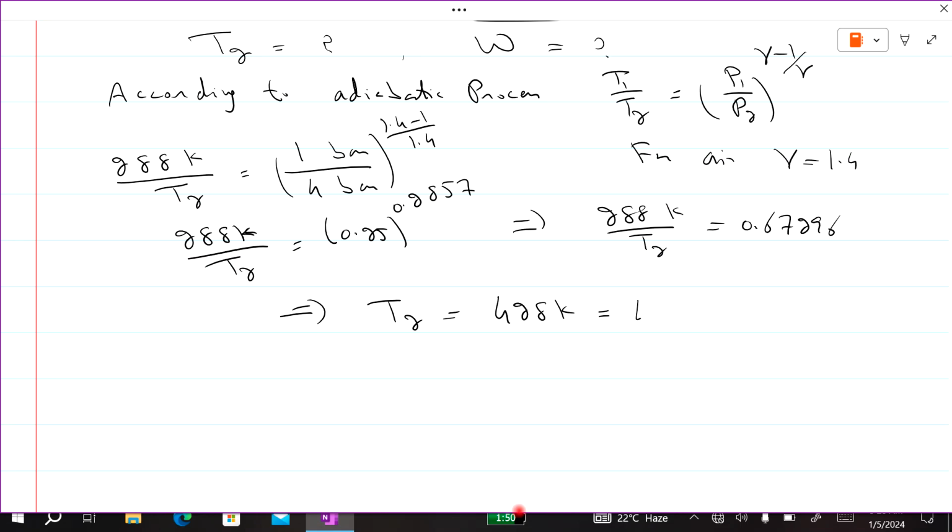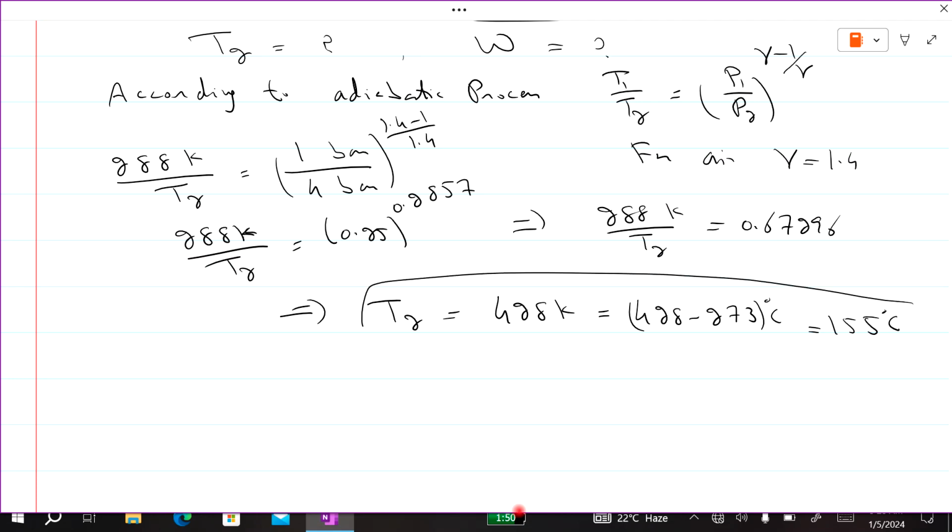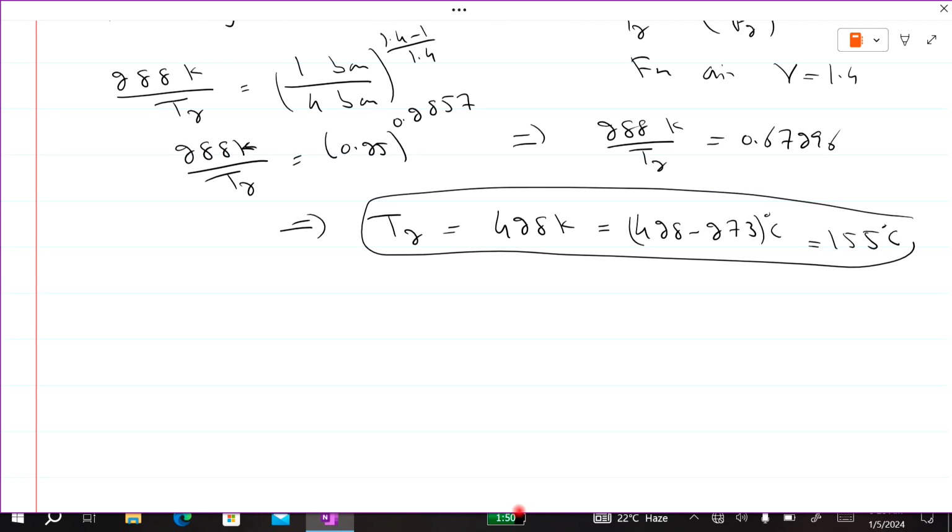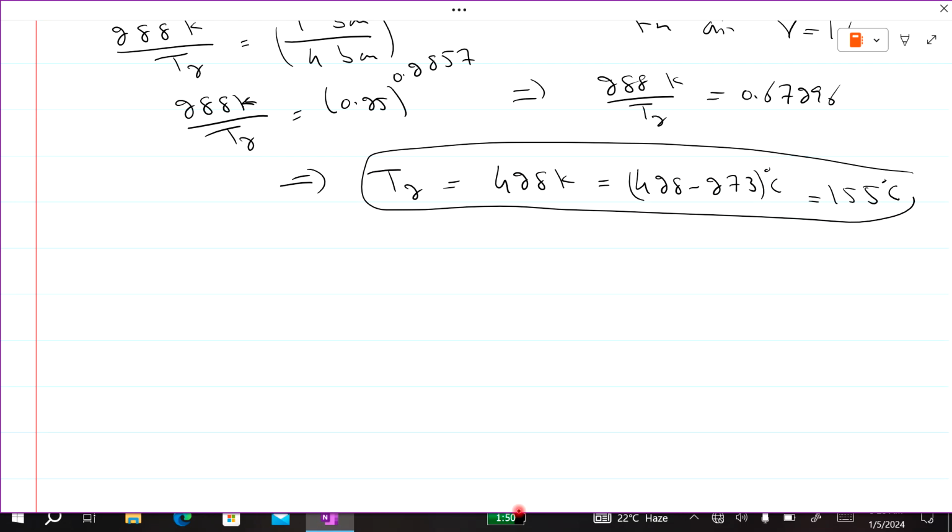Convert this into degree centigrade. So 428 Kelvin is equal to 428 minus 273 degree centigrade, which is equal to 155 degree centigrade. Now to find work done from non-flow energy equation, Q plus W is equal to U2 minus U1.